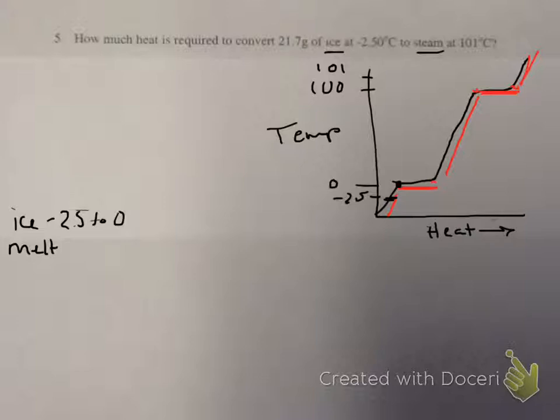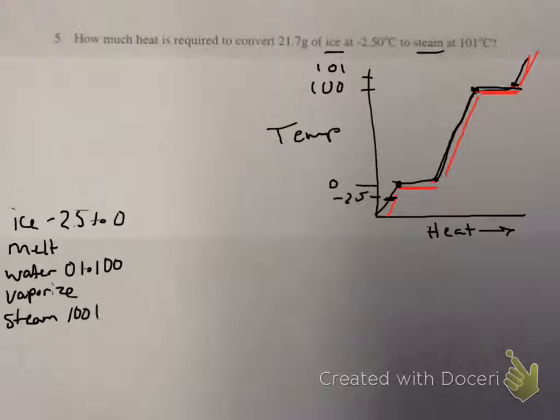I have to have some heat to melt that ice. Then I have water, still at 0 degrees C, and I will have water all the way to 100 degrees C. Then I have to vaporize the water, and that will take energy. Once you vaporize it, you have steam at 100 degrees C, and in this problem I'm going to take it to 101.